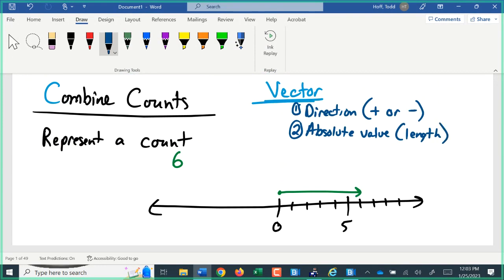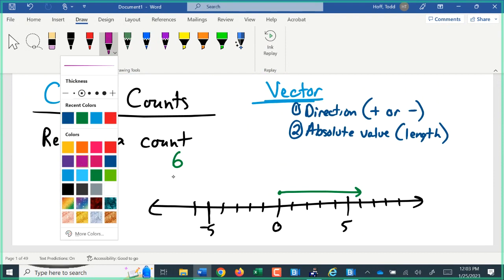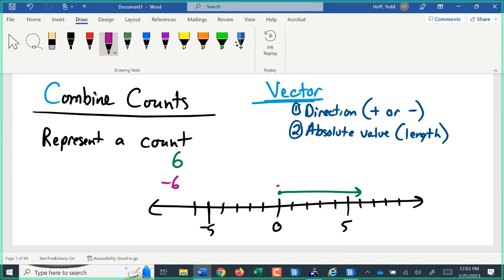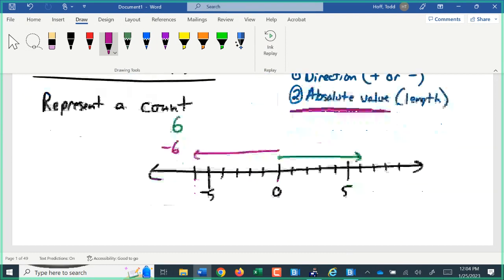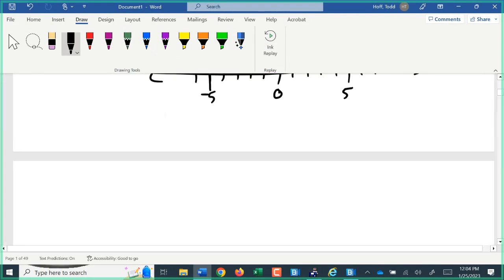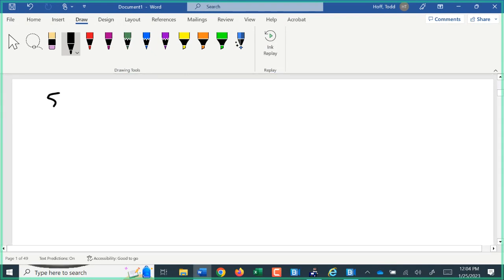It has an absolute value of 6. If I put a vector up here for negative 6, it would look like this. Notice it's the same length as the vector for 6. They have the same absolute value. It's just a different direction. So now if I go to add numbers, like 5 plus 3.